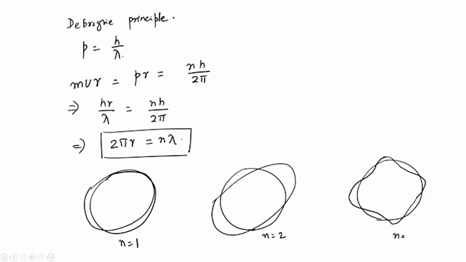Maybe I have not drawn it very well, but what I want to say is that the orbit is such that it accommodates an integer number of wavelengths of the particle. And where is this condition coming from? It is coming from Bohr's postulate, which is about the quantization of the angular momentum.